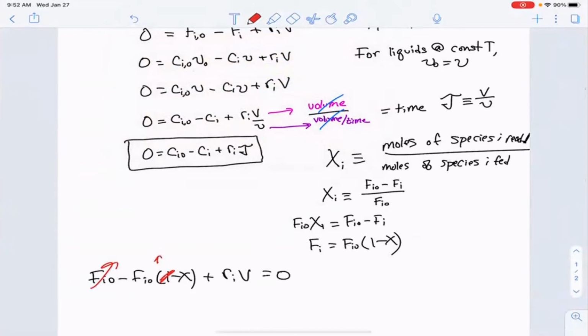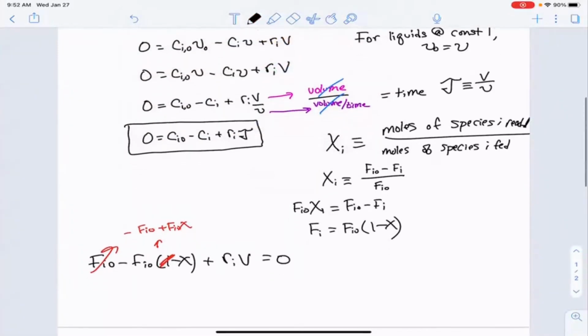Because this thing expanded is just minus F_i0 plus F_i0 times X. So our equation simplifies a little bit: F_i0 times the conversion plus R_i times V is equal to 0.